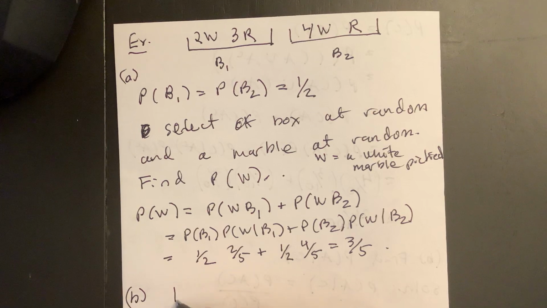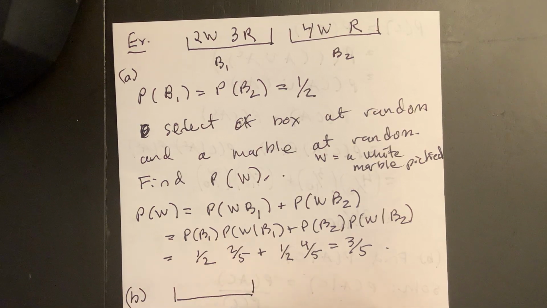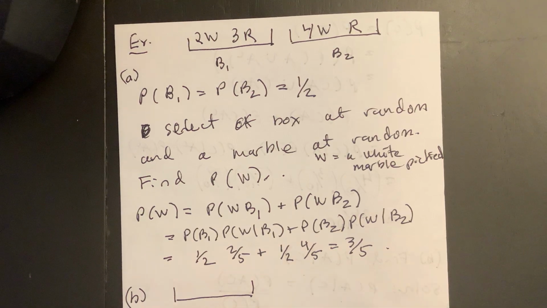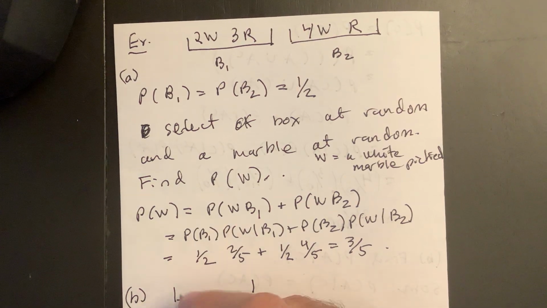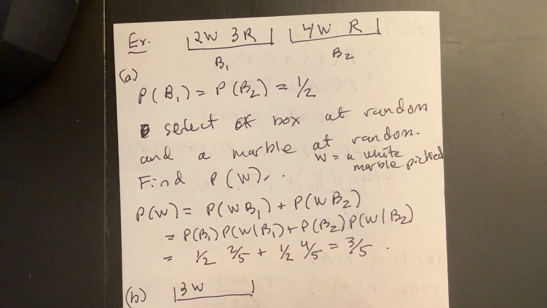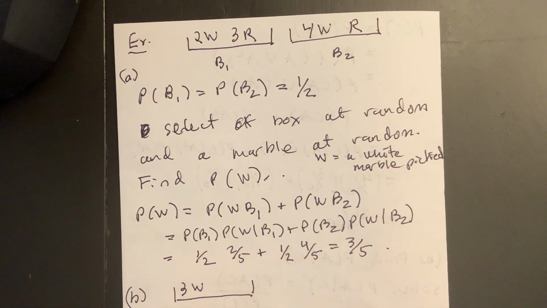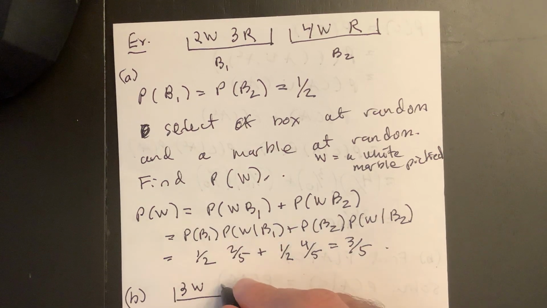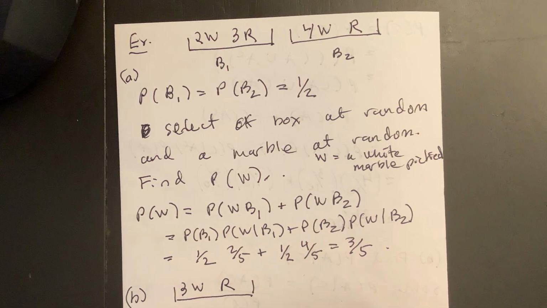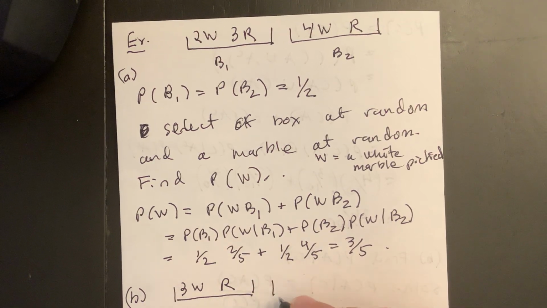Suppose I have now, let's say I have 3 white here and 1 red. I don't know what I'm trying to do. Yeah, 3 white and 1 red, right.